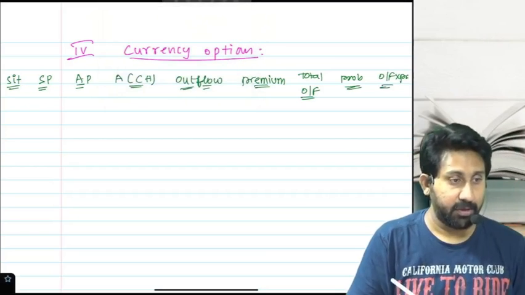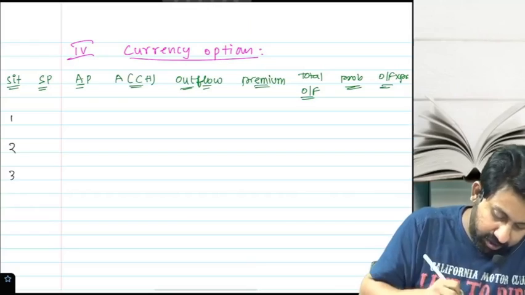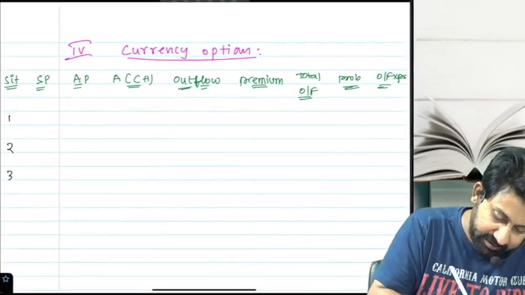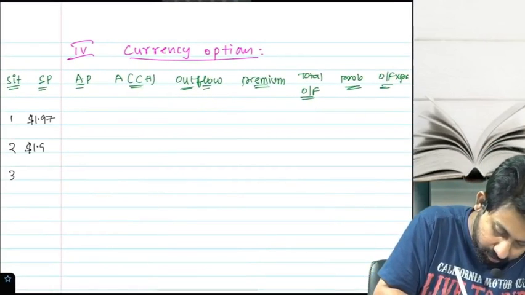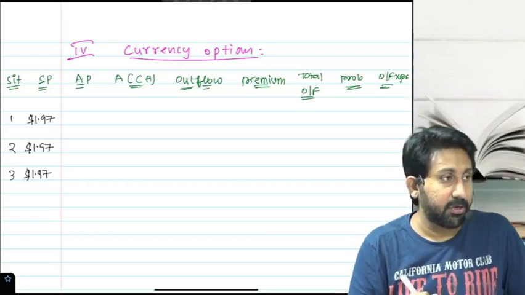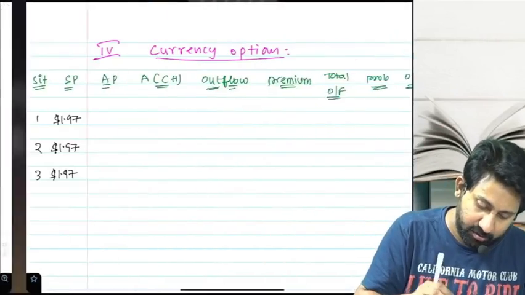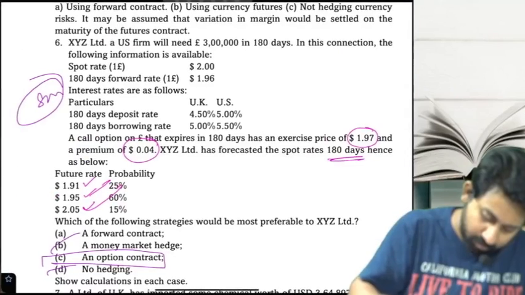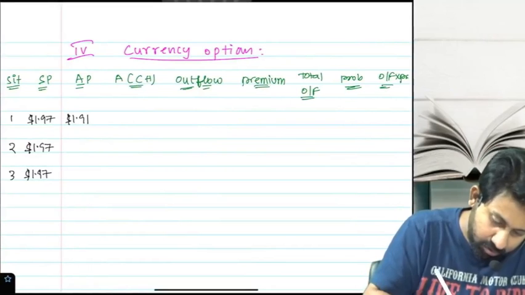See here. Situations 1, 2, 3. The strike price I blocked will be 1.97. Next, what is the actual price? Actual price can be 1.91, 1.95 or 2.05.